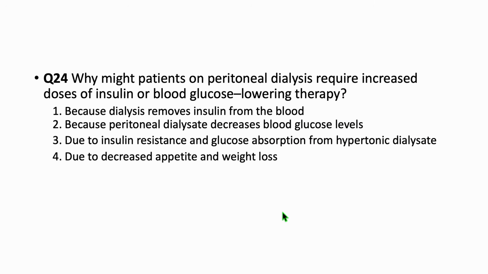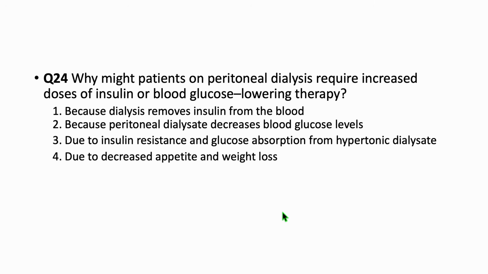Moving ahead, the next question says why might patients on peritoneal dialysis require increased dose of insulin or blood glucose lowering therapies? So why do we have to provide patients who are on peritoneal dialysis higher doses of insulin or blood glucose lowering therapy?